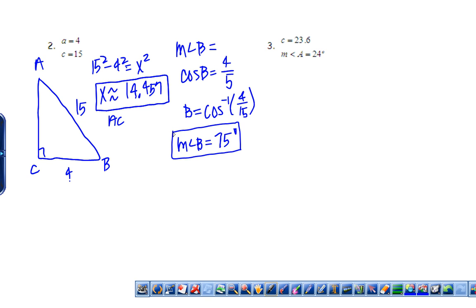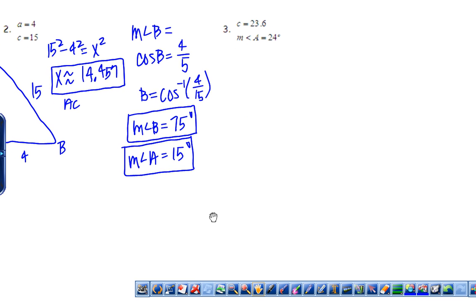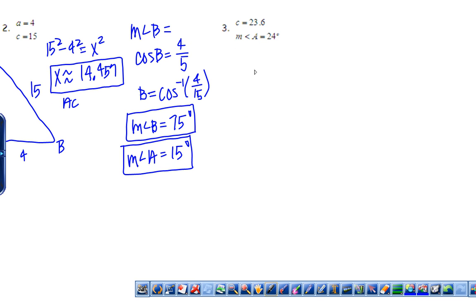Now I could have started with A as well. I just started with B just because now you can find the measure of angle A really easy by saying 90 minus 75, and that gives you 15. All right, let's try number 3. Draw my triangle of what's given.